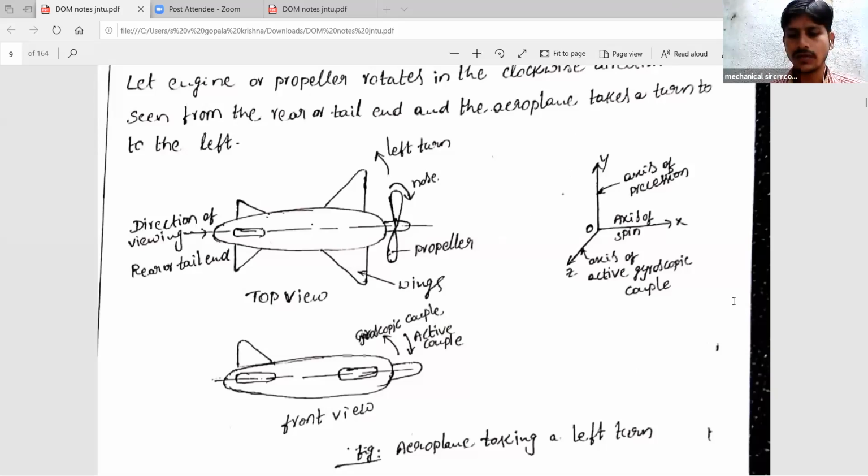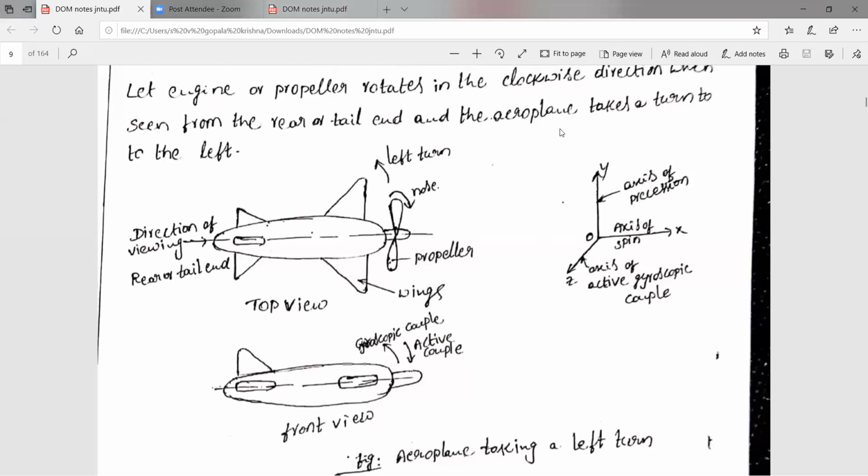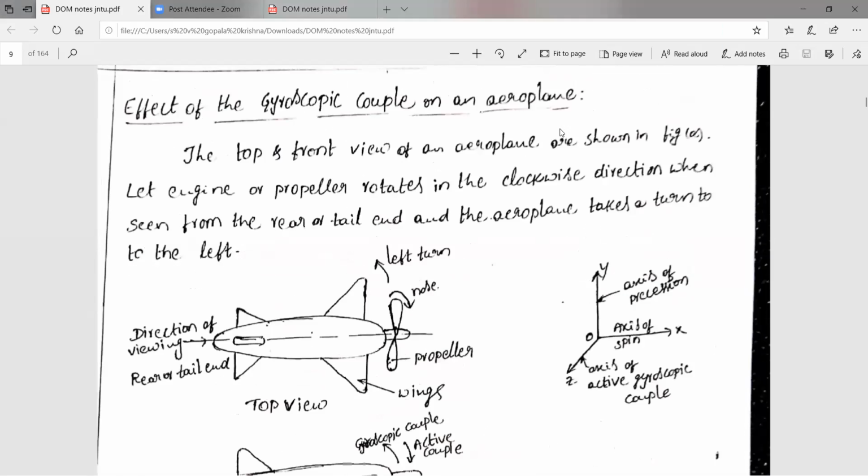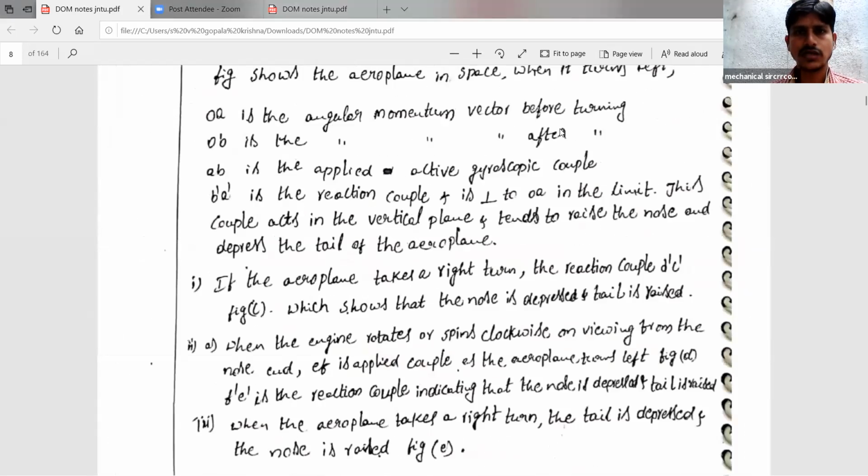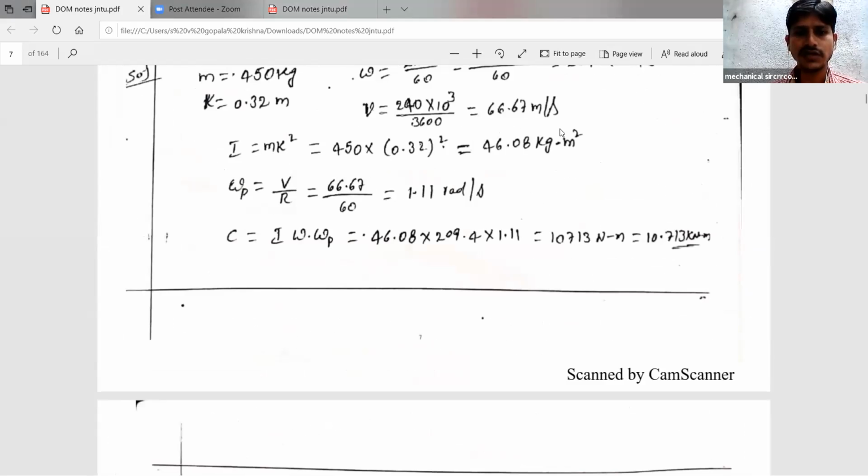Did you copy the problem in your notebooks? All of you. It is important. All of you must copy the matter belonging to this problem.